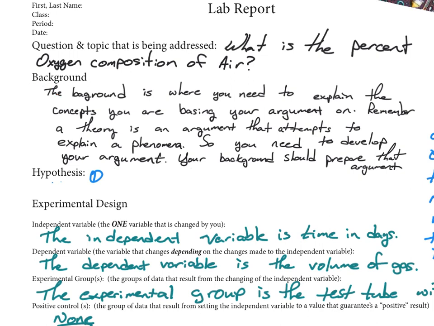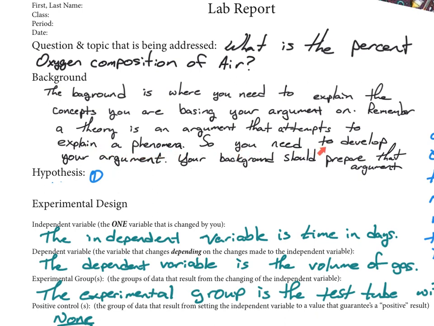And the background is a summary of all the information that you've gathered from your research. So the background is where you need to explain the concepts you're basing your argument on. Remember that a theory is an argument that attempts to explain a phenomenon.